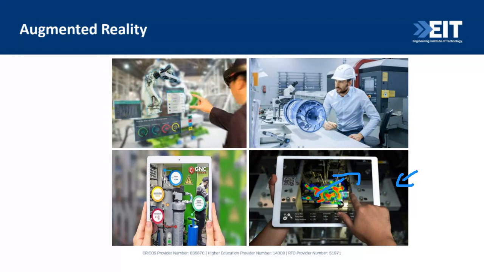It's a physical device, and it's adding some digital information on top of it. But still, that digital information and the physical world are not interacting with each other. It's just adding more information on top of the physical world. That's what augmented reality is.